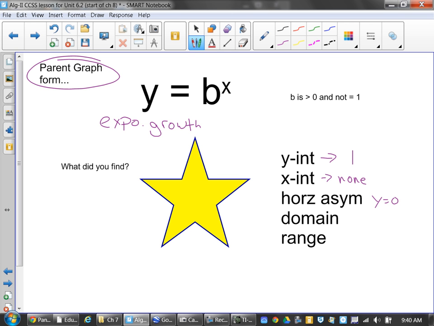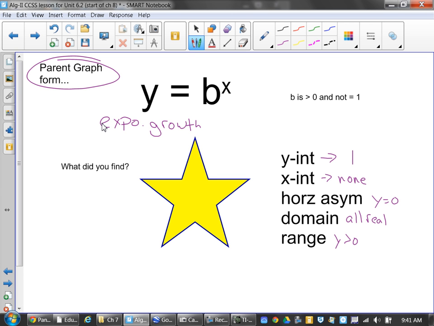Domain. What's the domain for these? All real. What about the vertical asymptote? There isn't one. Good. And then your range? There's no vertical asymptote here because are you ever dividing by 0 in this case? No. There's no denominator, so we don't have a vertical asymptote.